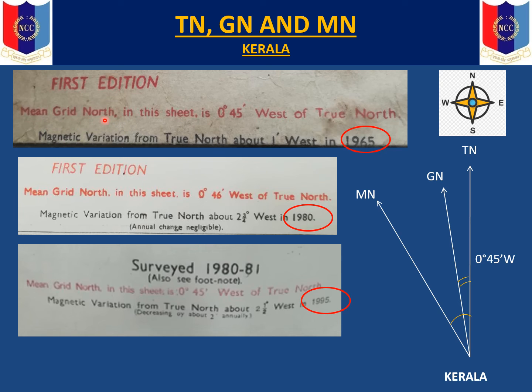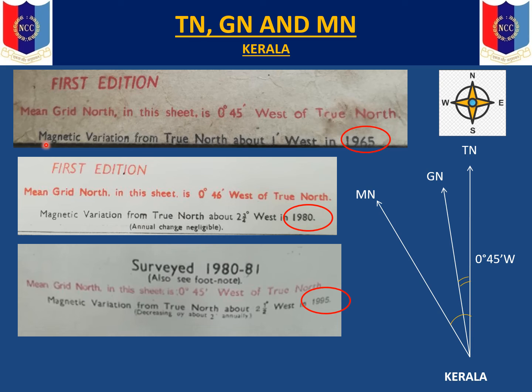Mean grid north in this sheet is 0 degrees 45 minutes west of true north. Grid north is the north as depicted in the topo sheet. It is 0 degrees 45 minutes west of true north. So here if you see, this is the true north, this is the grid north. So that is towards west, 0 degrees 45 minutes west of the true north.